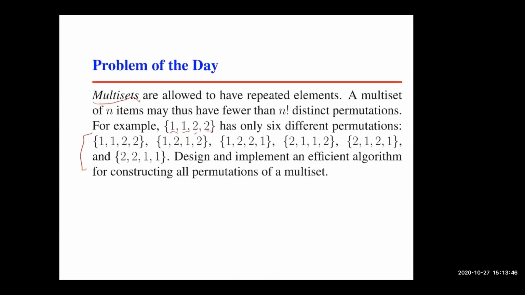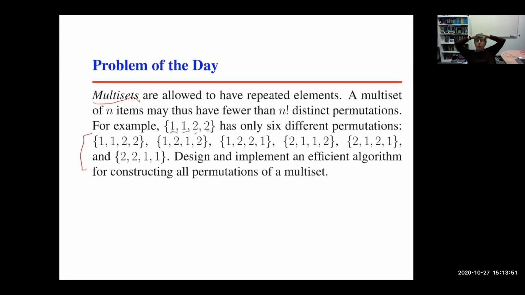Someone give me a multi-set. 4 distinct numbers, 1, 2, 3, 4, right? I will have 4 factorial, or 24. And what multi-set of items will have the fewest? When all the items are the same, like 1, 1, 1, 1, then there's only one arrangement of it. So we know what we want to create.